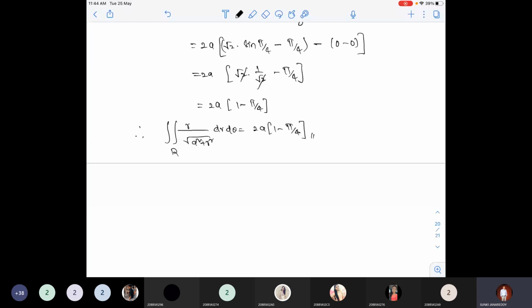Okay. These are the examples on polar form. Next, we can discuss changing of Cartesian coordinates into polar coordinates, the transformation.